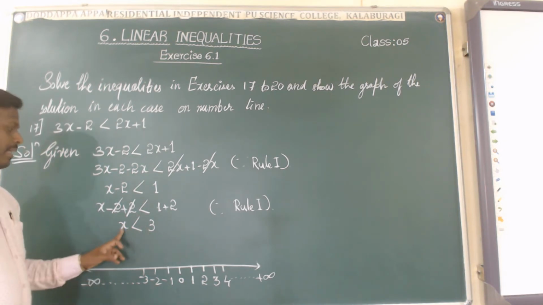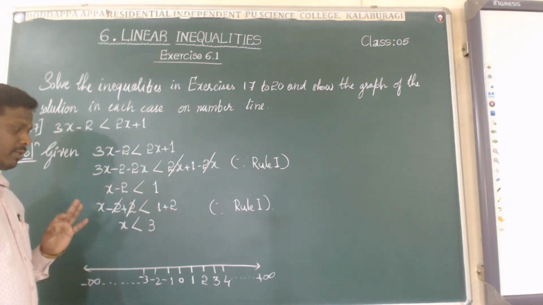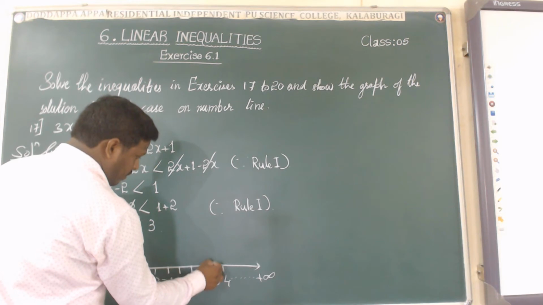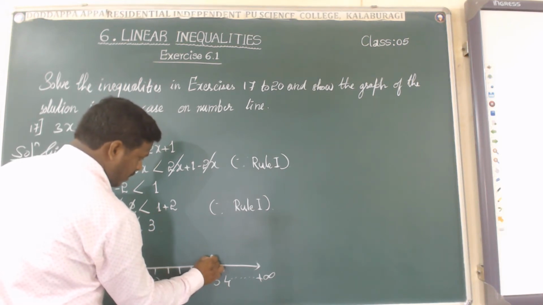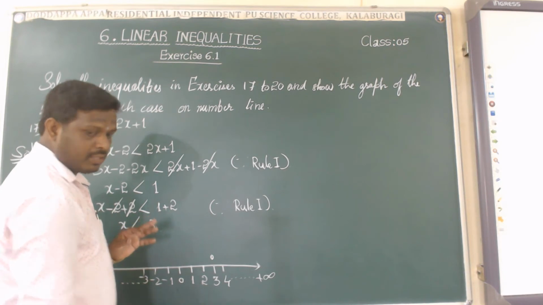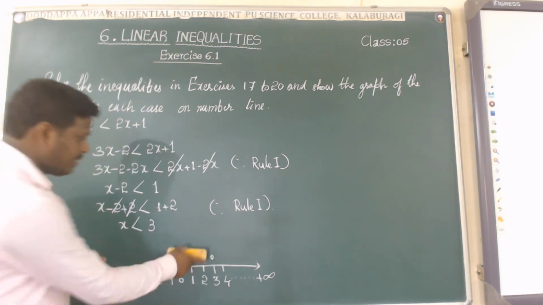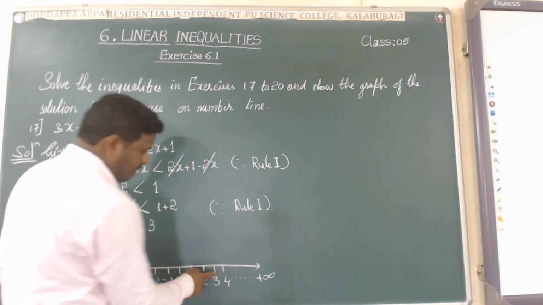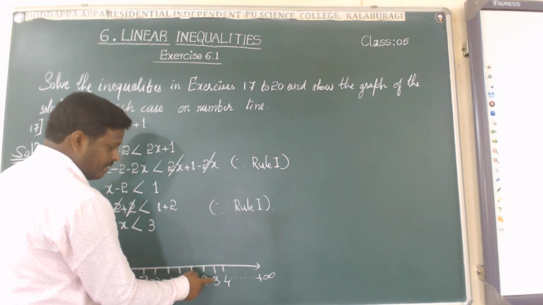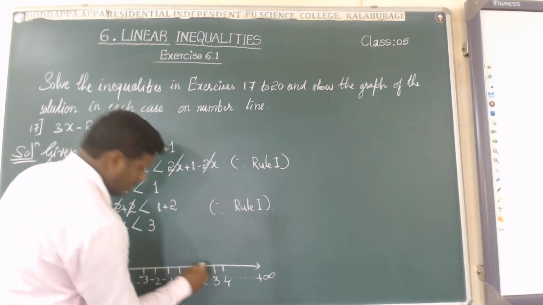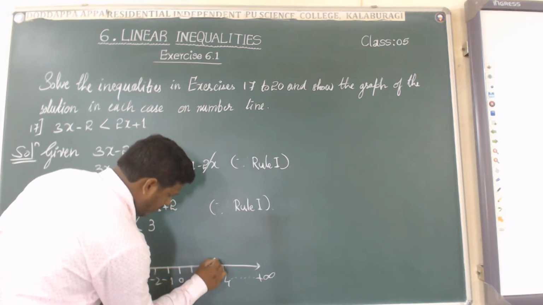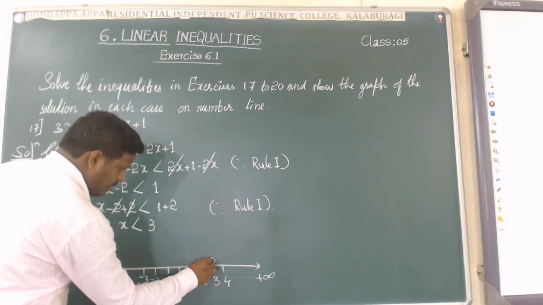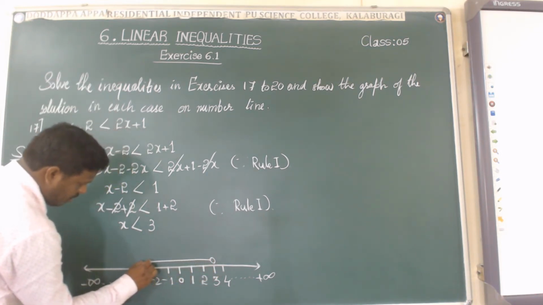What are the values of x here? The value of x is less than 3. So where is 3 on the number line? Here. Above it, draw a small circle. Don't shade it; keep it empty. It means the value of x does not include 3.